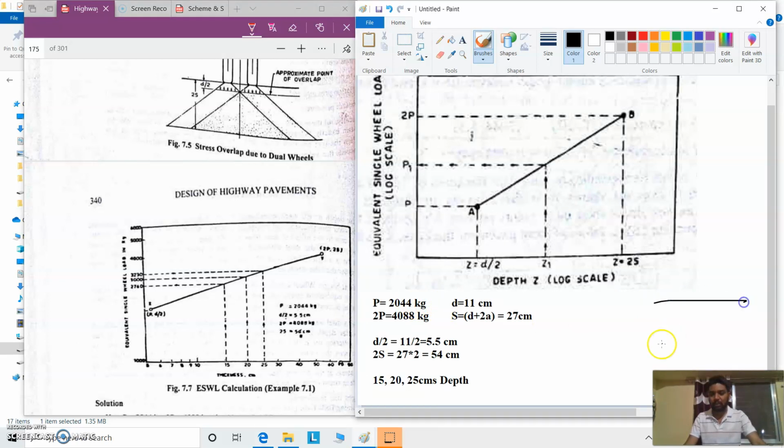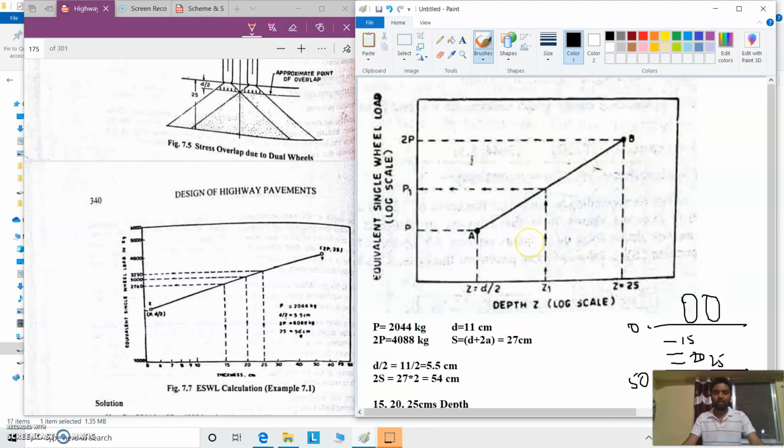Let us consider a pavement thickness from 0 to, say, 50 centimeters. In this 0 to 50 centimeter thickness we have to analyze at 15, 20 and 25 centimeters, and how much load is caused by this dual wheel assembly at those depths, right?